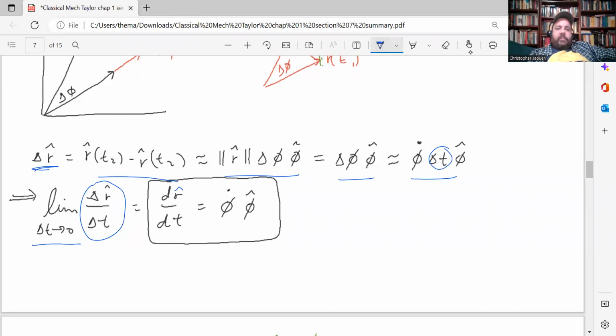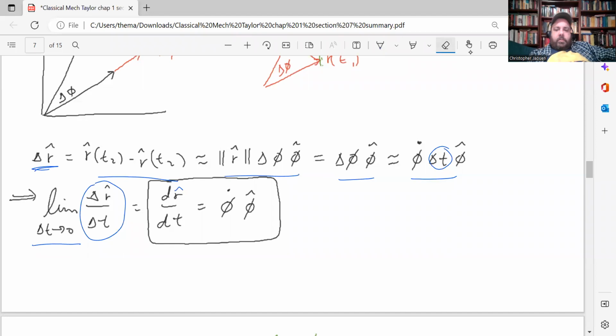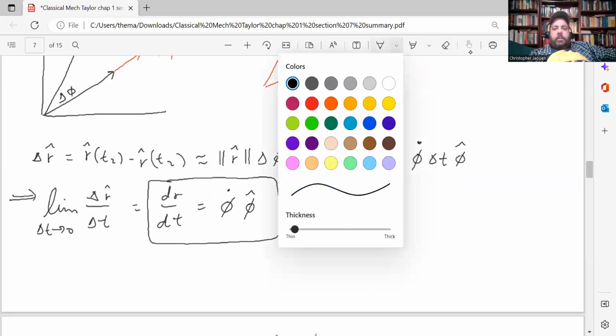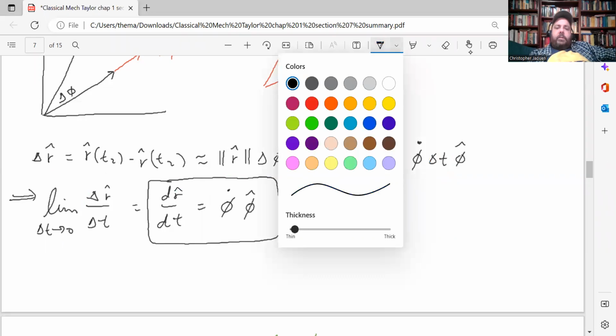Okay, so now we have the derivative for r hat, and we can now go and derive the derivative for phi hat. Sorry, this should have been a hat over here.